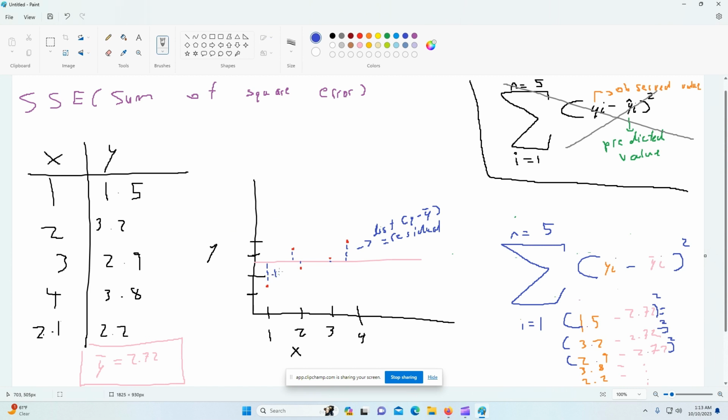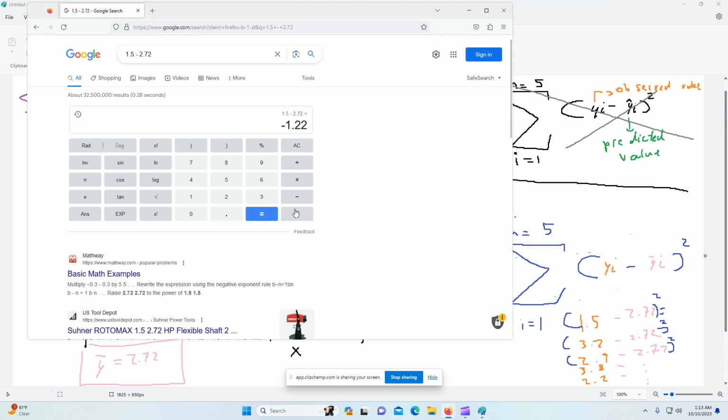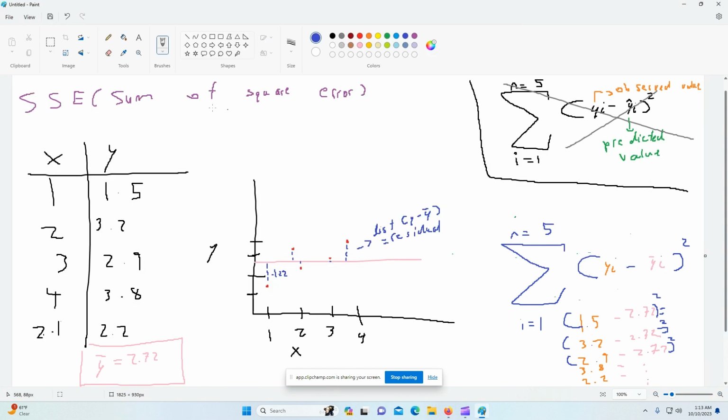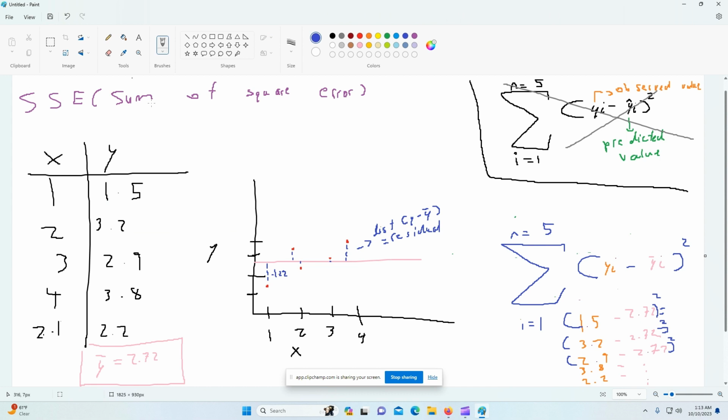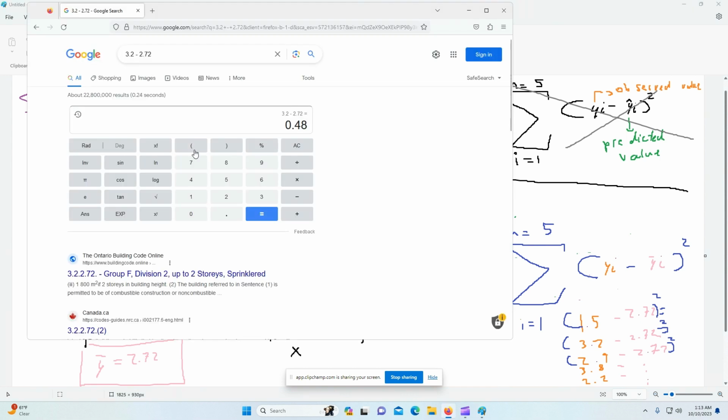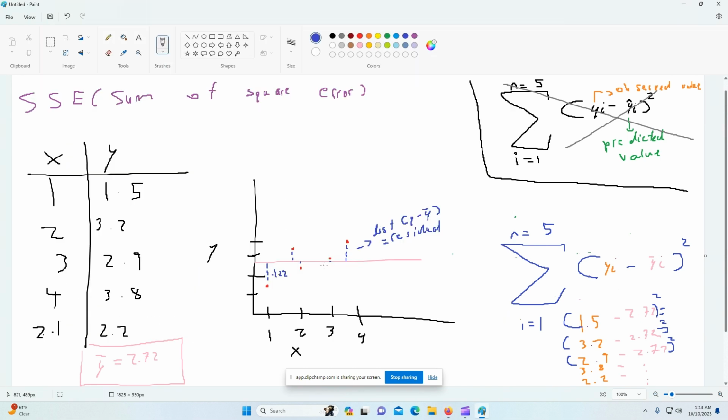And then 3.2, I'm sorry, it's 3.2 minus 2.72, so this is going to be 0.48.